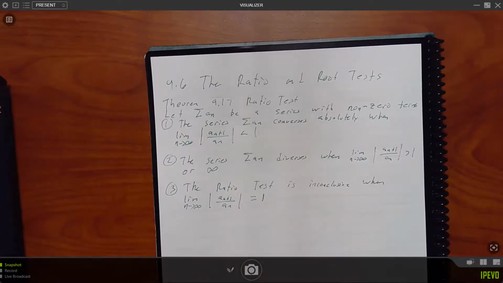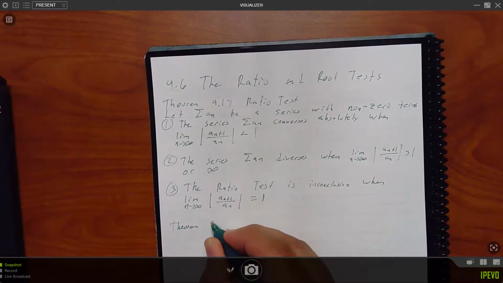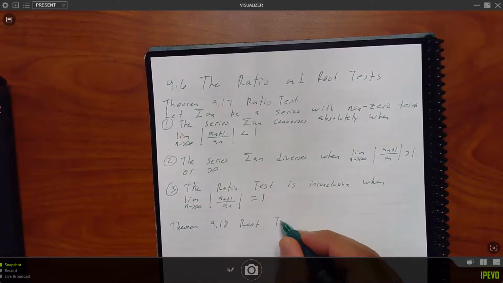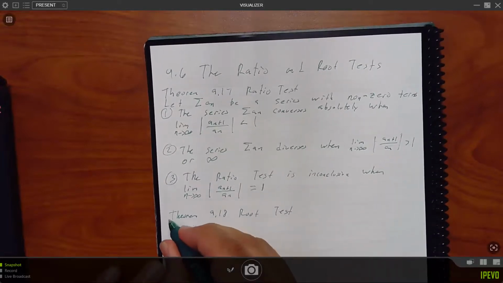Okay. Let me write down the root rules before we start. They're similar. Root test, number 1.